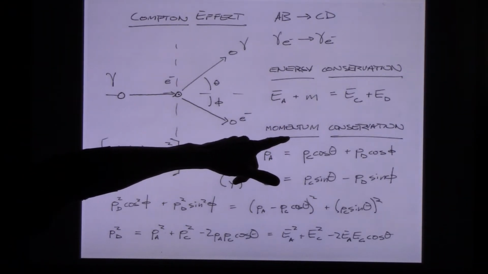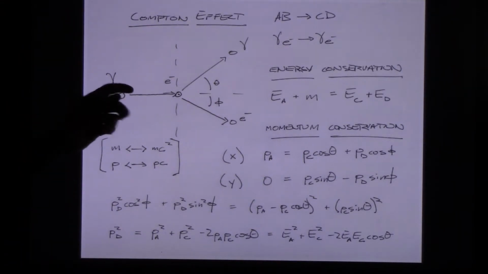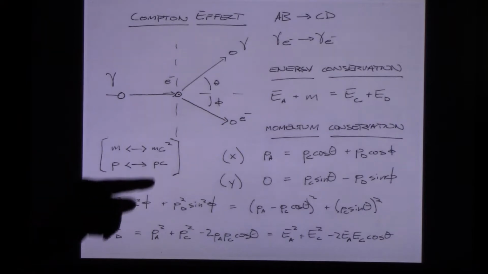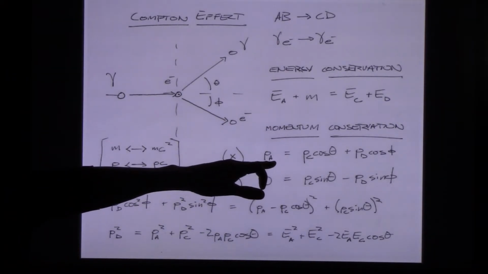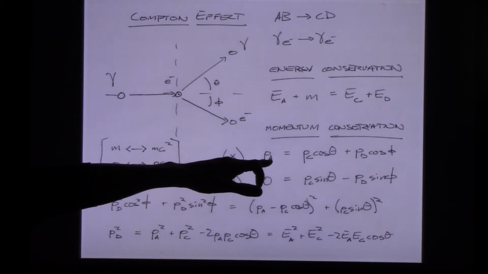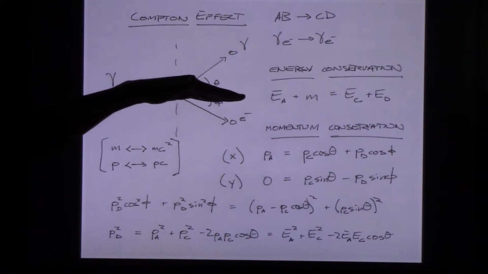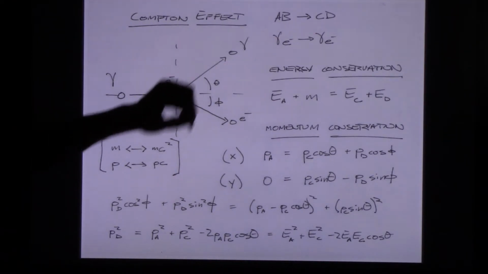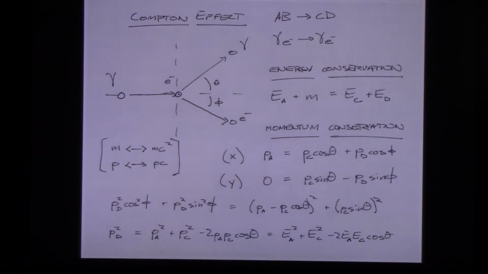We're moving on to momentum conservation. I'm going to look in the x direction to start with. When I look at a photon coming in, its entire momentum is in the x direction. So I'm going to take the entire momentum of the photon coming in and set that equal to the x component of the photon leaving and the x component of the electron momentum. Those look kind of similar to what we did in physics 4A.